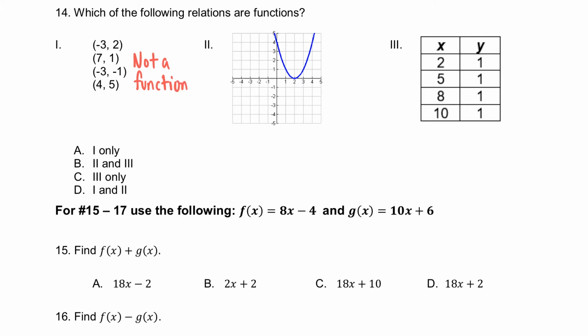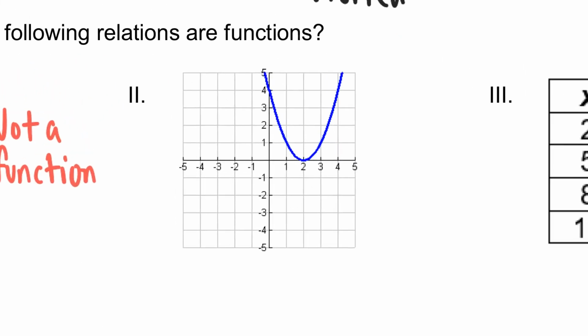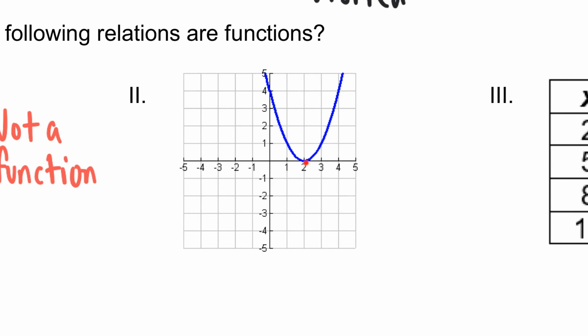Okay, how about the second relation here? So we have a graph, right? The question is, is this a function? So for it to be a function, you need every input to only get paired up with one output. So when we have 2 as an input, what's the output? When 2 is an input, 0 is the output for y. It's the y value, right? When 3 is an input, what's the output? You've got 1.